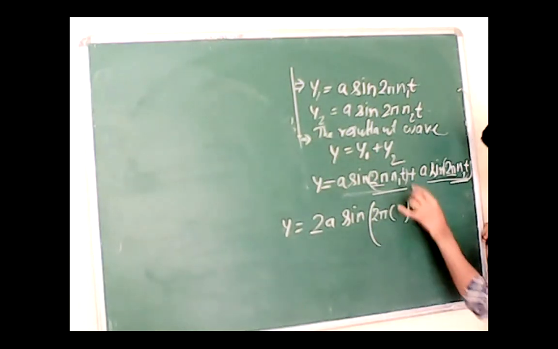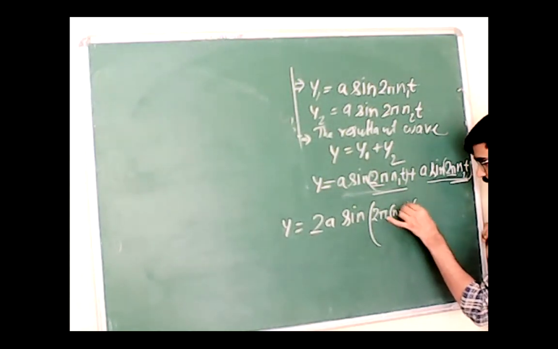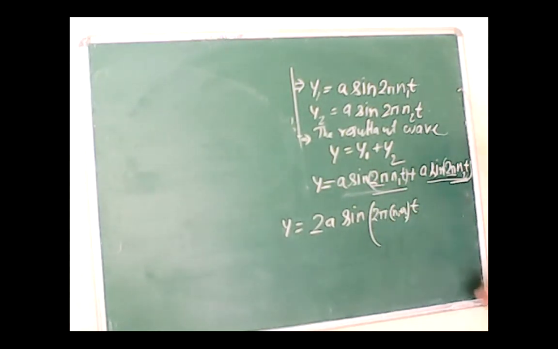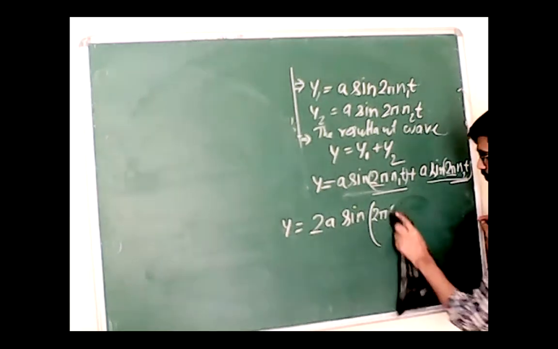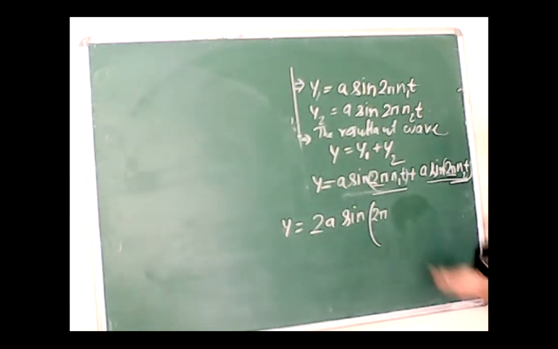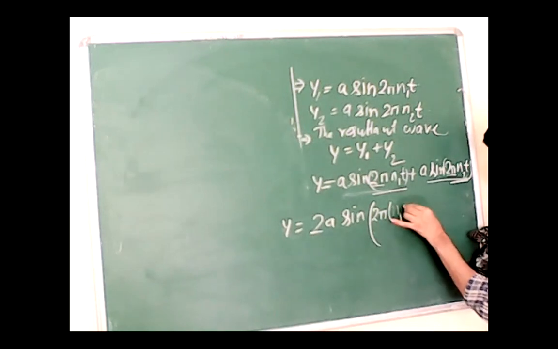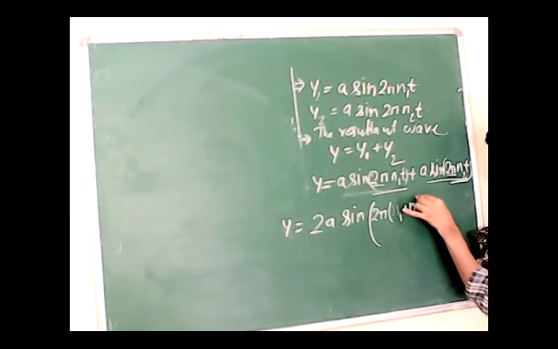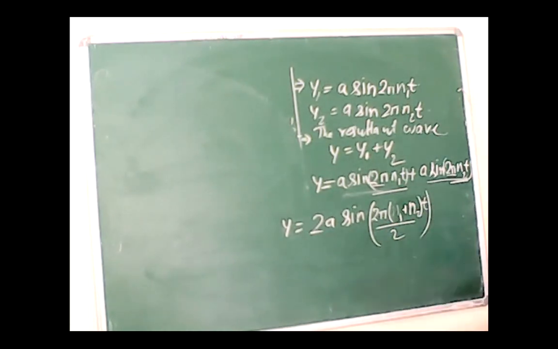In between we have n1 plus n2, into t and divided by 2.